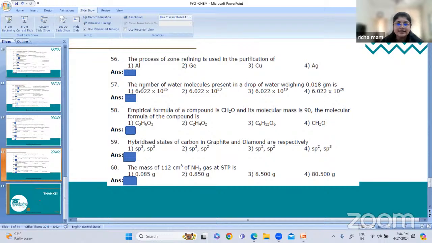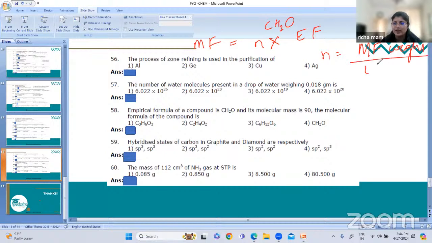Mehak has answered it as C. What about others? So you have CH2O. We know that molecular formula can be calculated as n into empirical formula. So n we don't know. n is equal to molecular formula weight upon empirical formula weight. Molecular formula weight is 90, it is given.